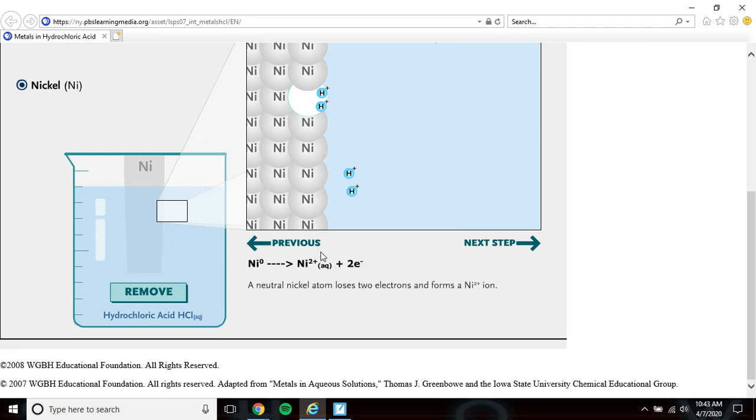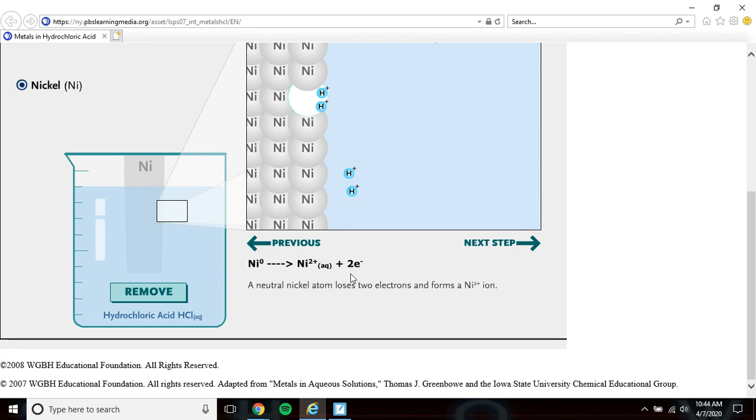H+ is gaining them, and it's forming Ni2+. Now it says write the half reactions. What's the oxidation state of Ni? Ni with no charge is 0, and it shows you right here that it's 0. Then Ni2+ is obviously +2. Does the oxidation state go up or down? From 0 to 2 is up. How many electrons were lost? It shows you right here, 2.